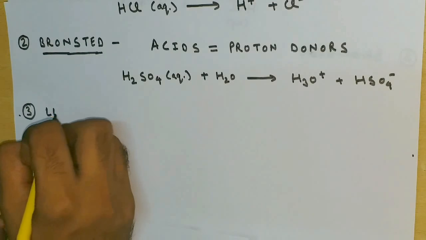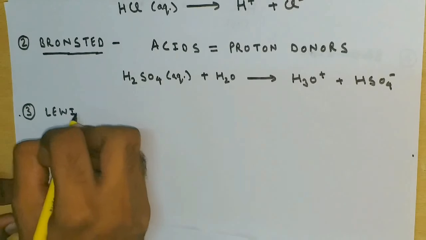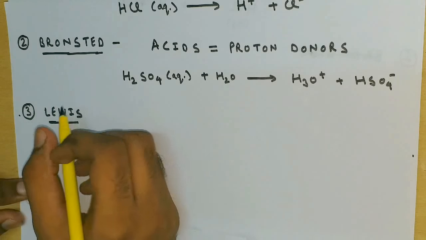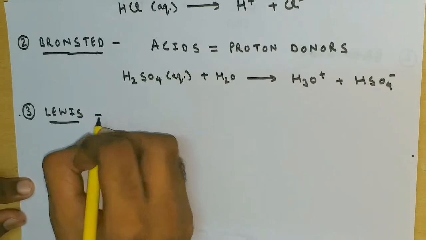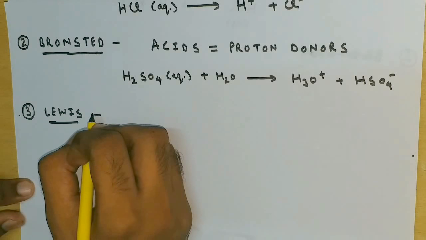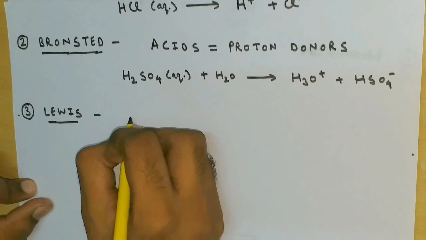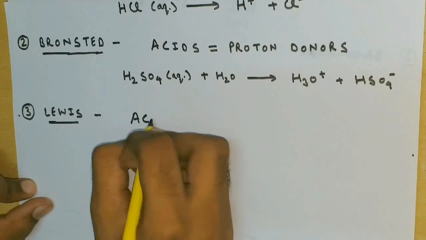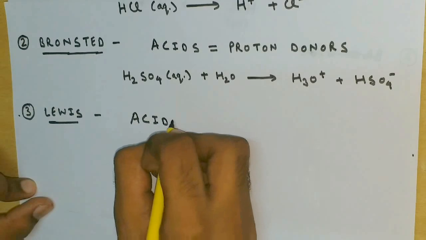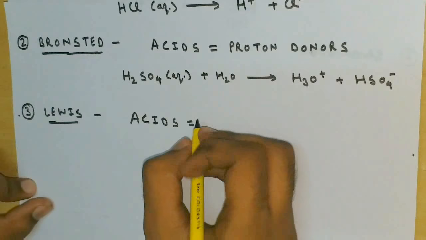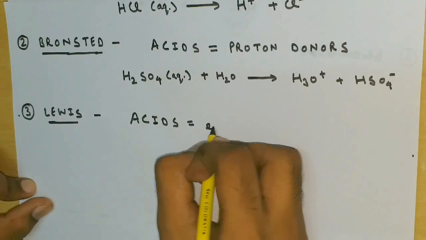Let's come to the most precise definition given by Gilbert Lewis. He termed acids as molecules or ions capable of coordinating with unshared electron pairs, or the substances that readily accept those unshared electrons. So acids are electron acceptors.